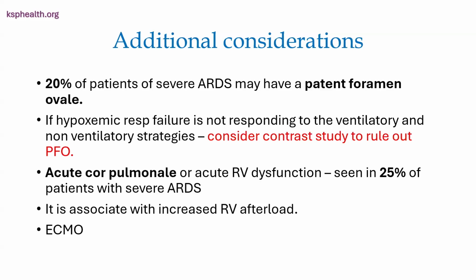So echo is very important to look for PFO and also look for RV dysfunction or increased pulmonary vascular pressures. Most of these patients end up on ECMO if the ARDS is severe enough, or you can do maneuvers such as ventilation and fluid therapy and vasodilators to help with cor pulmonale and thus help with hypoxemia in those patients.